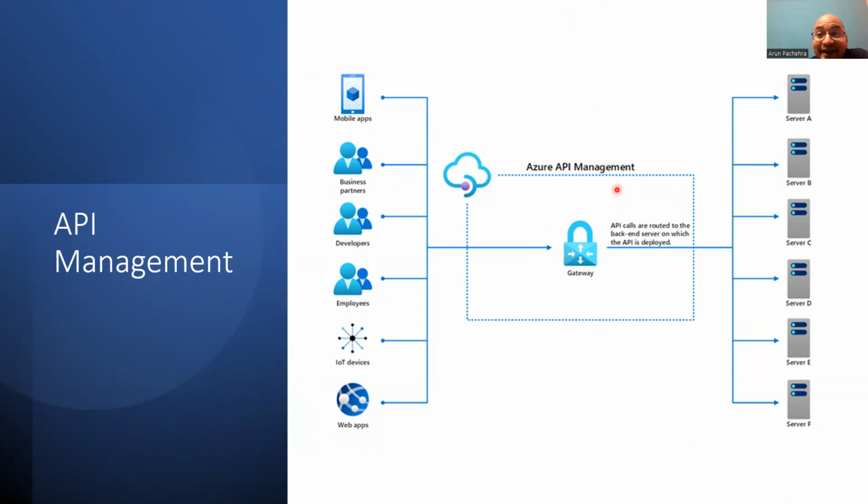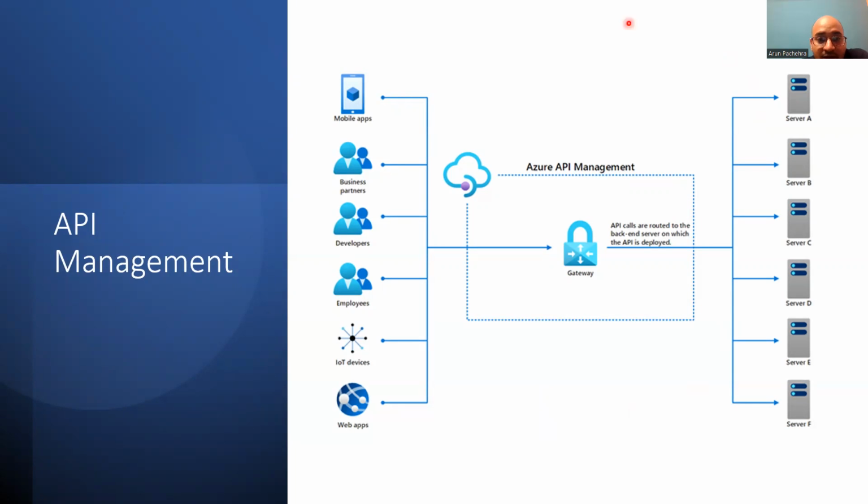As I said, it is not a front door service that Azure provides, big brother of application gateway. Here it is a concept. All these apps, business partners, developers are accessing these APIs via API management. That's why we are calling it a front door.